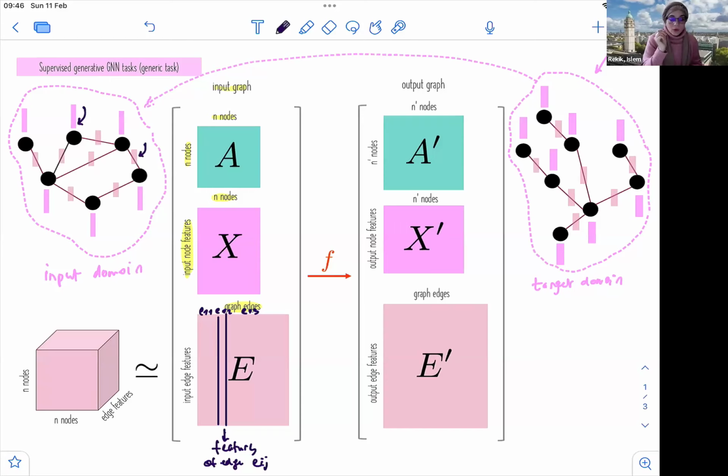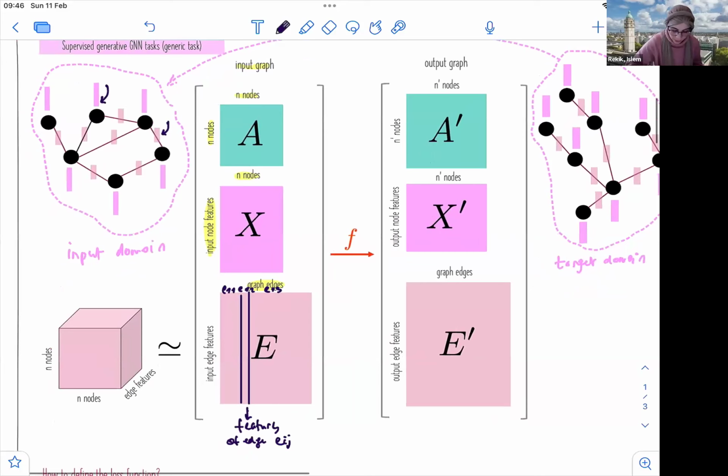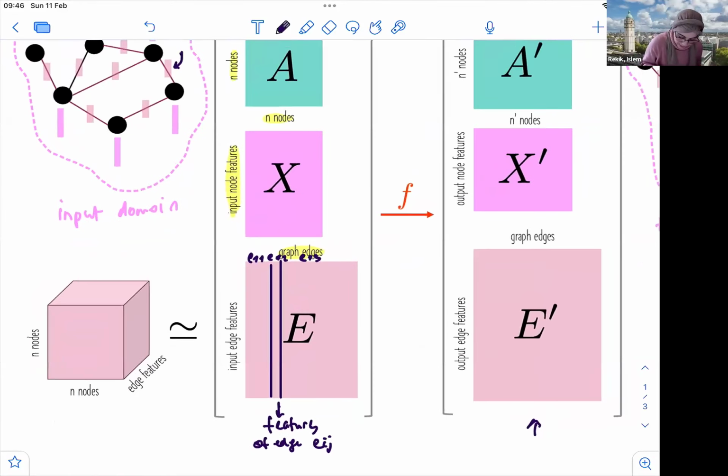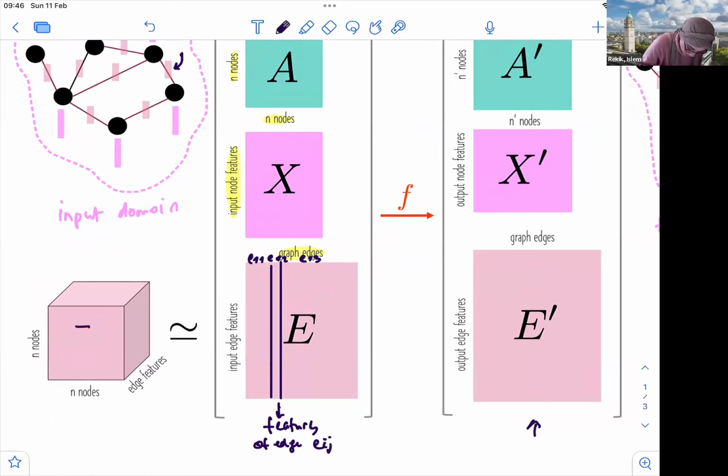All right. Now, there is one thing I want to point out before we explore the target domain, which is what we want to generate or predict given the input graph. One way of representing the E is to represent it as a tensor. If we have nodes i and j as row and column, and we pick this value, the vector that we read along this edge feature dimension is the same as this one.